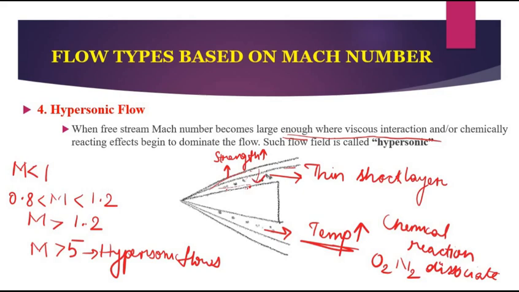Or another symptom or sign is when we see chemically reacting flows around an object, we say that the flow is hypersonic, because all these chemically reacting effects and the viscous effects are dominating the flow, and where these dominating factors are more, we call that flow hypersonic flow.